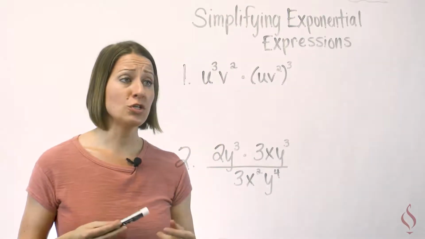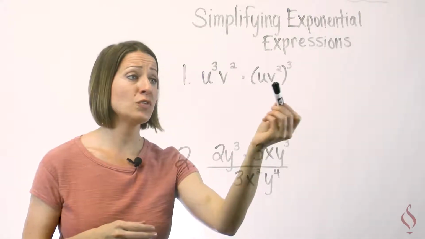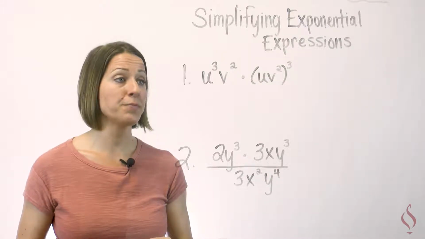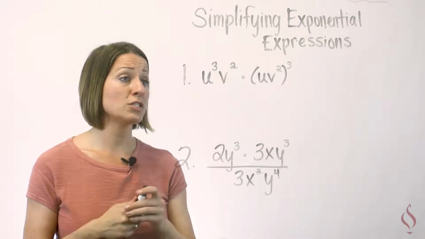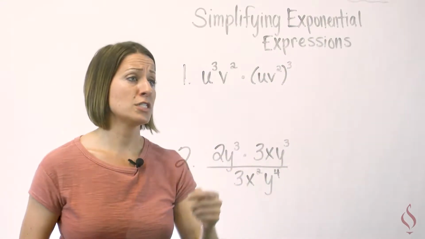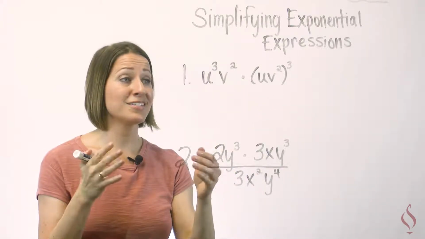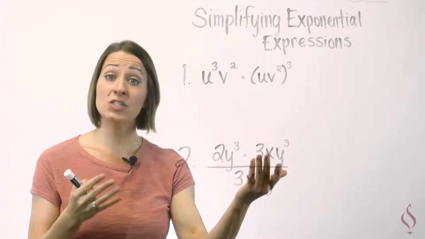You have u cubed times v squared, all of that times uv squared raised to the third power, okay? So the first thing I see, and what I want you to look at, is this second part of the expression. Notice that we have parentheses, and like order of operations, we need to get rid of those parentheses first.